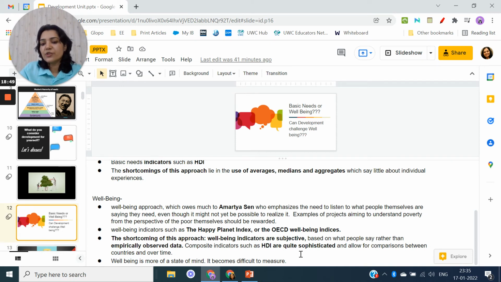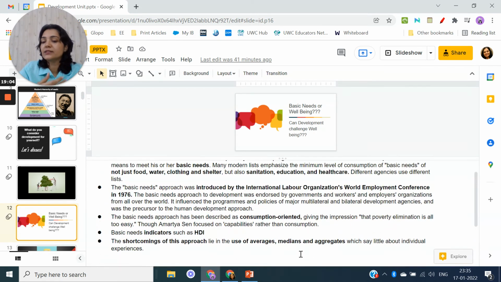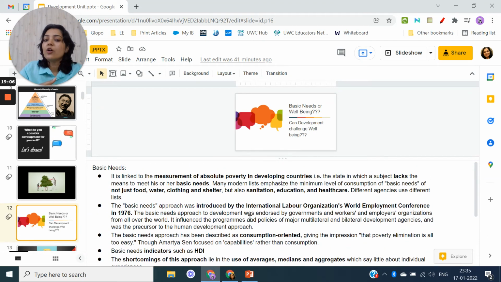Well-being is more of a state of mind and it becomes difficult to measure at times. Okay, so this is more focusing on subjectivity and basic needs is more focusing on objective needs. So far so clear. These are the two differences between the basic needs and the well-being approach.